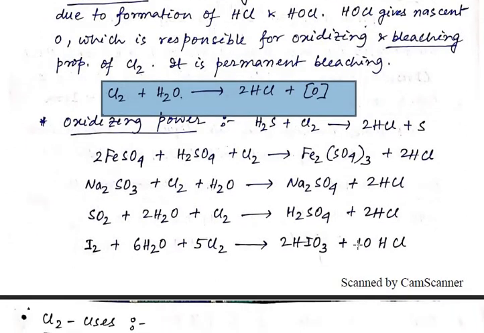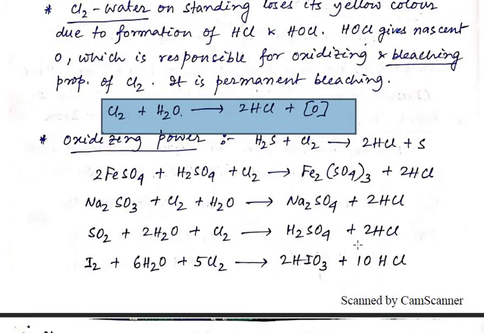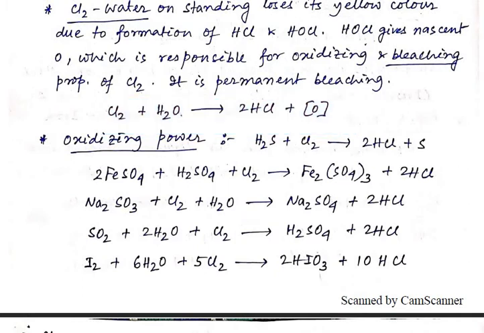Next I am going to the oxidizing power of Cl2. Suppose I have H2S, and when hydrogen sulfide gas reacts with chlorine, it forms HCl along with sulfur. Here you can check that Cl2 is in the 0 oxidation state, and HCl is in the -1 oxidation state.